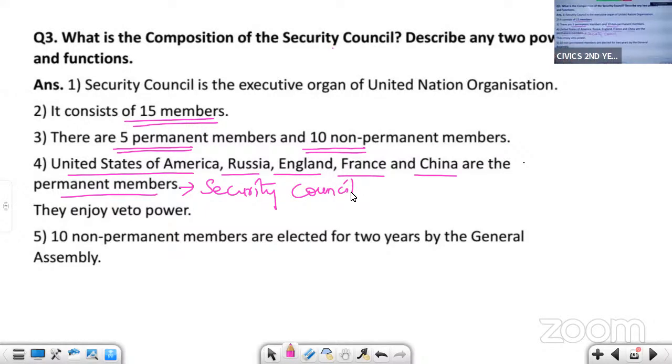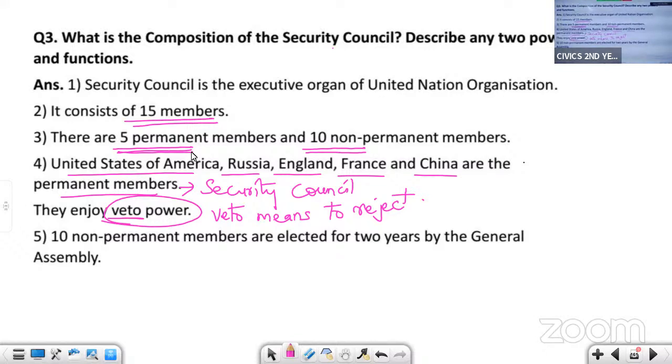These 5 member countries enjoy veto power. So what is this word veto? Veto means to reject. These 5 permanent members of UNO have the power to reject the legislations passed by the General Assembly.